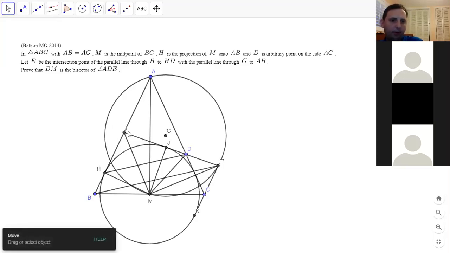Maybe we could just show angle IHD as IBE prime. Let me try something.